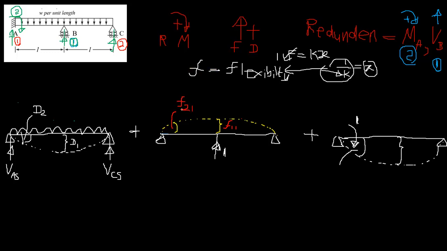That means the displacement at second redundant coordinate due to the force at first redundant coordinate. So in such case, this should be F22. Displacement at second redundant coordinate due to the force at second redundant coordinate. And this is F12, right? So that is displacement at the first redundant coordinate due to the unit redundant at second redundant coordinate, right?